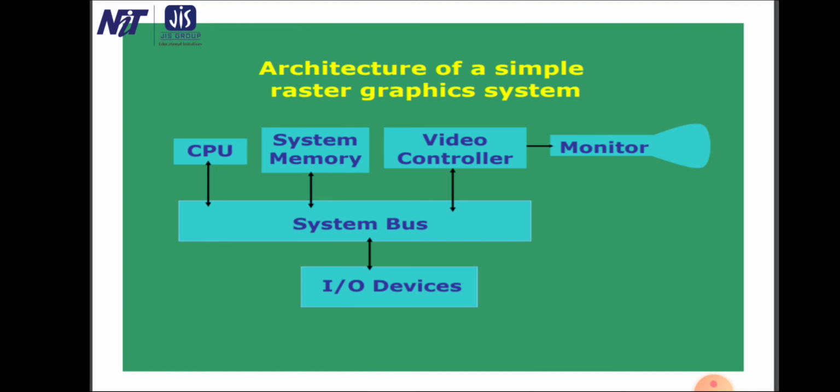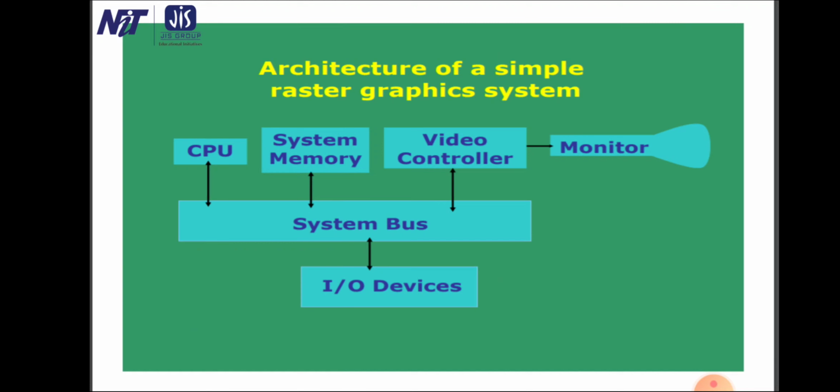This is the architecture of a simple raster graphics system. We have this system, and with other IO devices we have the central processing unit. The CPU, system memory, video controller and monitor are all attached to the system bus.